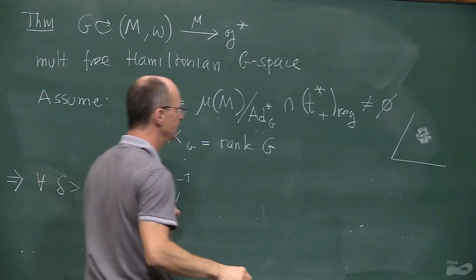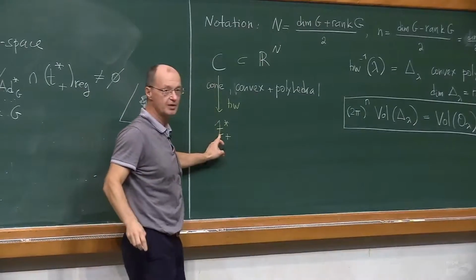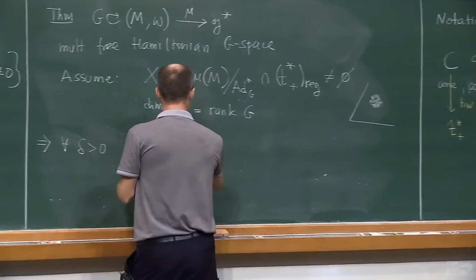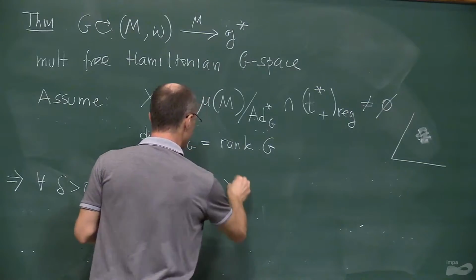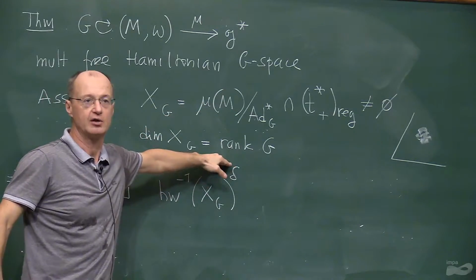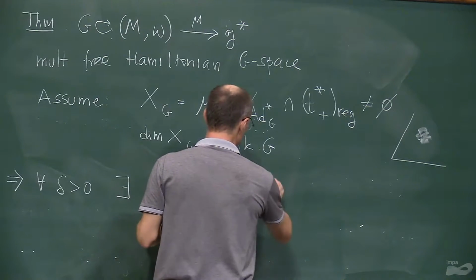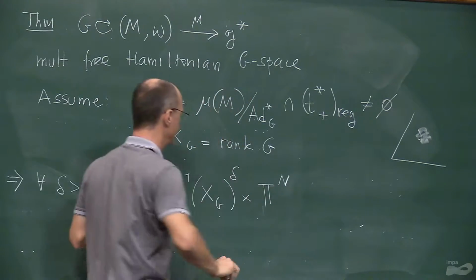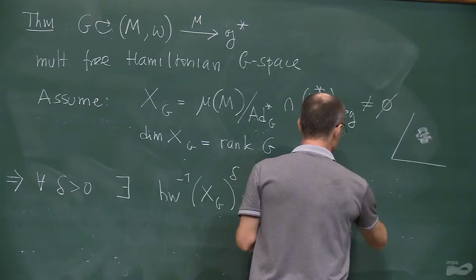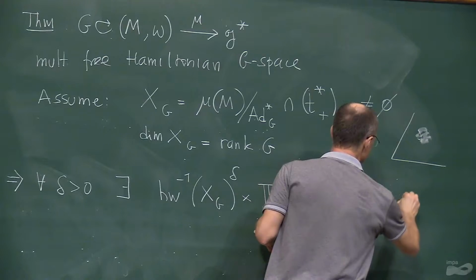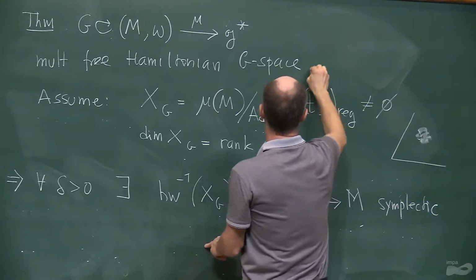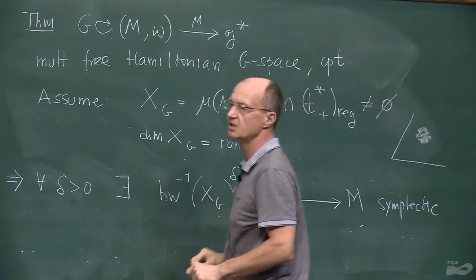We take a pre-image, remember, right, there is this highest weight map. We take a pre-image from the Weyl chamber to C of this X_G. And again, we step away from the boundaries by this delta. We multiply it by the torus of dimension capital N. And we embed it into M symplectically.